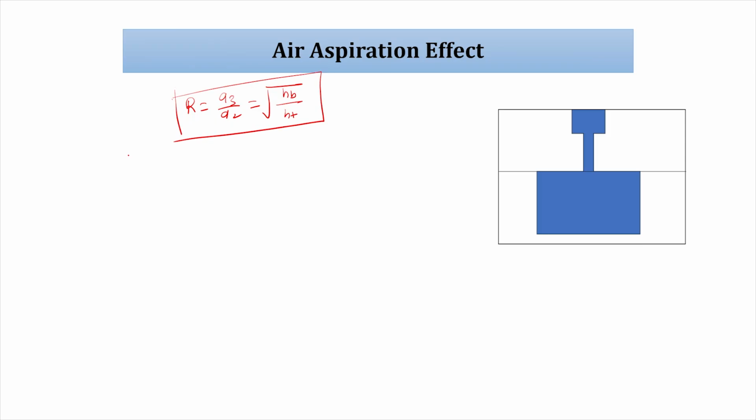So indirectly what we are saying is A is inversely proportional to root H, so H is inversely proportional to A square, isn't it? Let us assume the cross section area is circular, so A is proportional to D square.